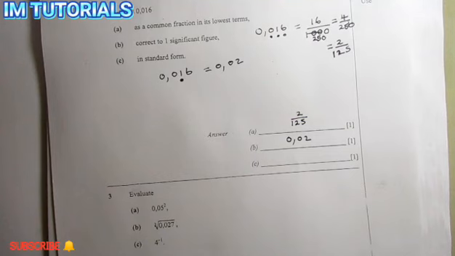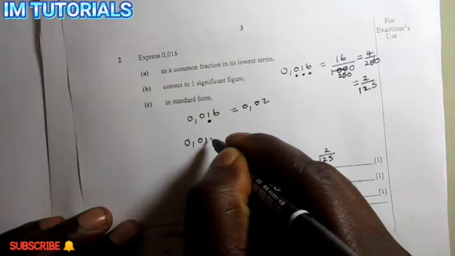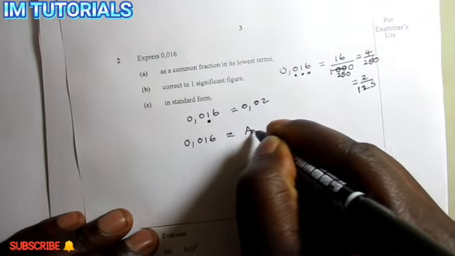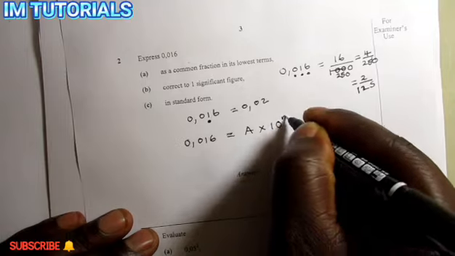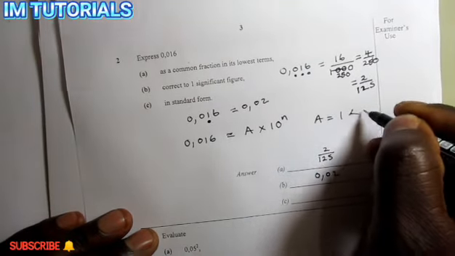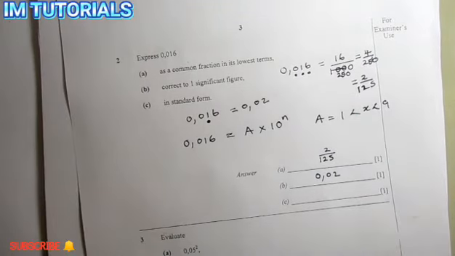Then we move on to the last question. Express 0,016 in standard form. So what is a standard form? A standard form is in the form a times 10 to the power of n, where a denotes a number which is between 1 and 9. I hope you are following.